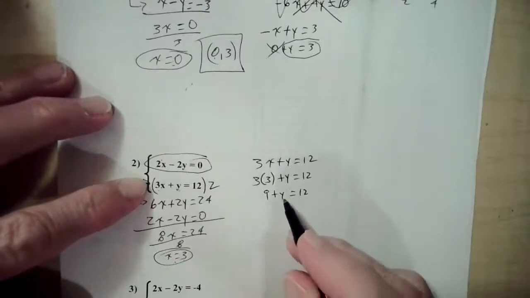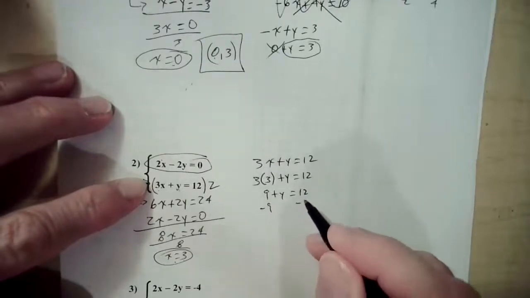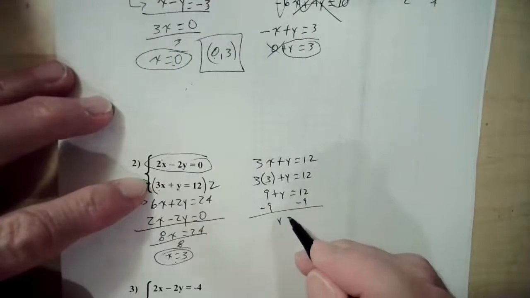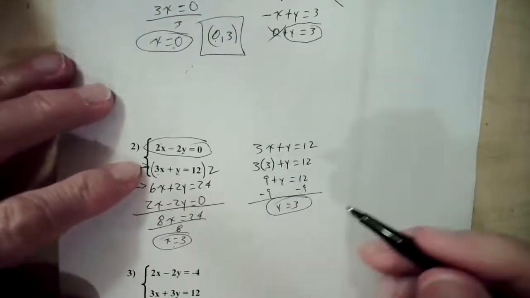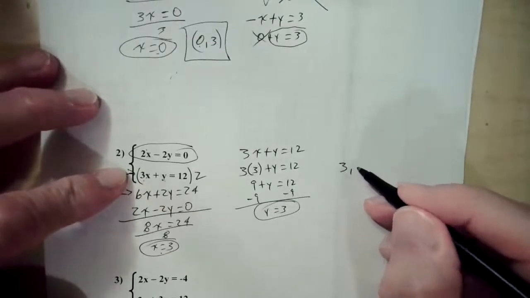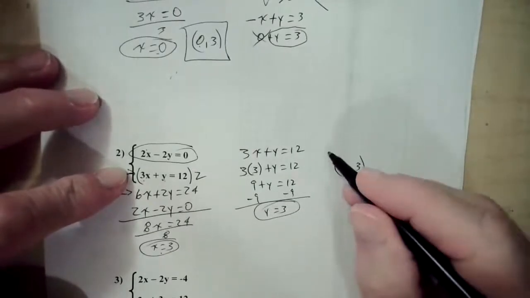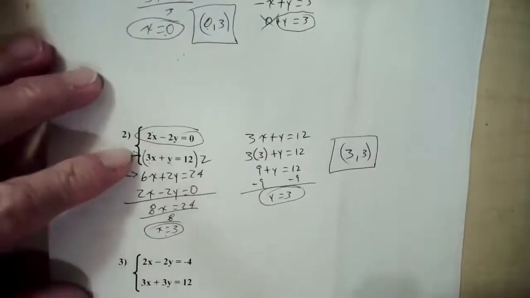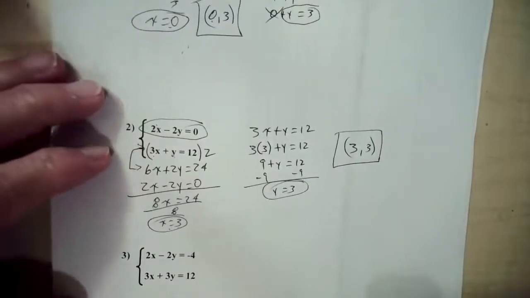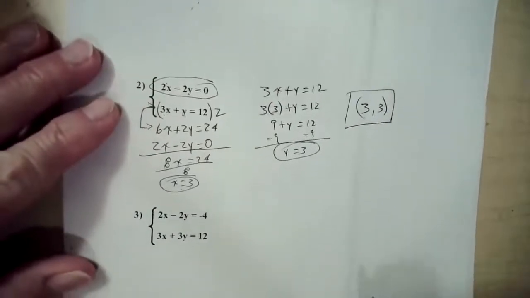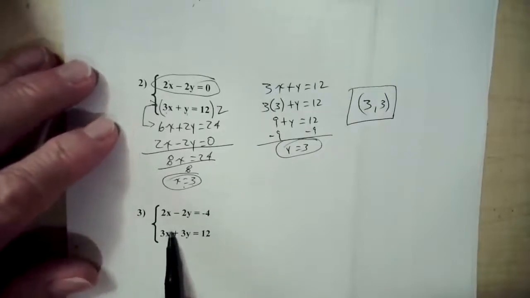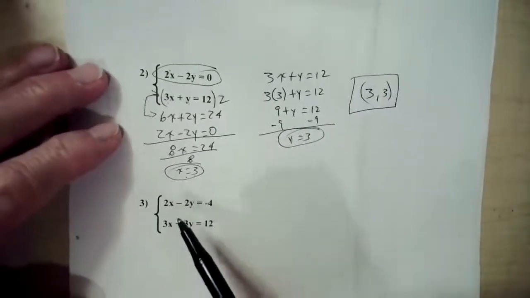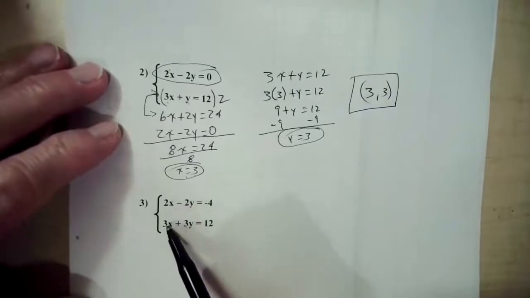So 9 plus y equals 12. We're going to solve this for y. Subtract 9 from each side. Y is 3. So our solution is 3 comma 3 in parentheses, and that's the point where the two lines come together. Now this is about as difficult as these problems get, and it's really not all that hard.